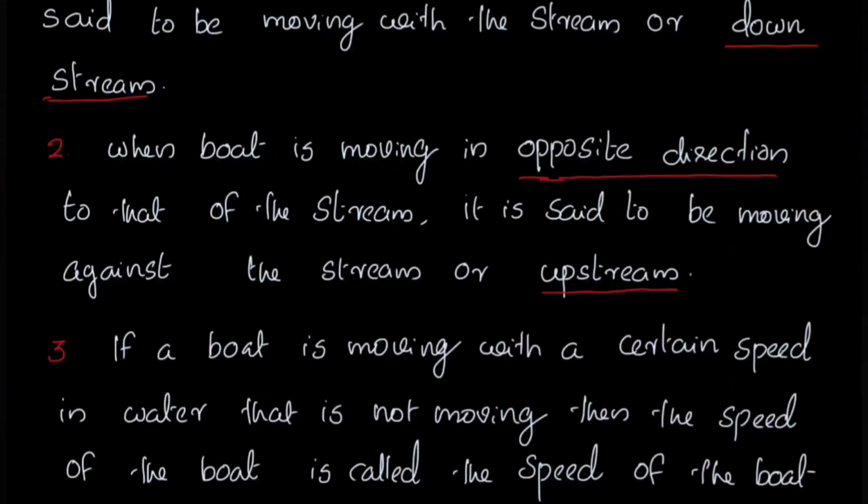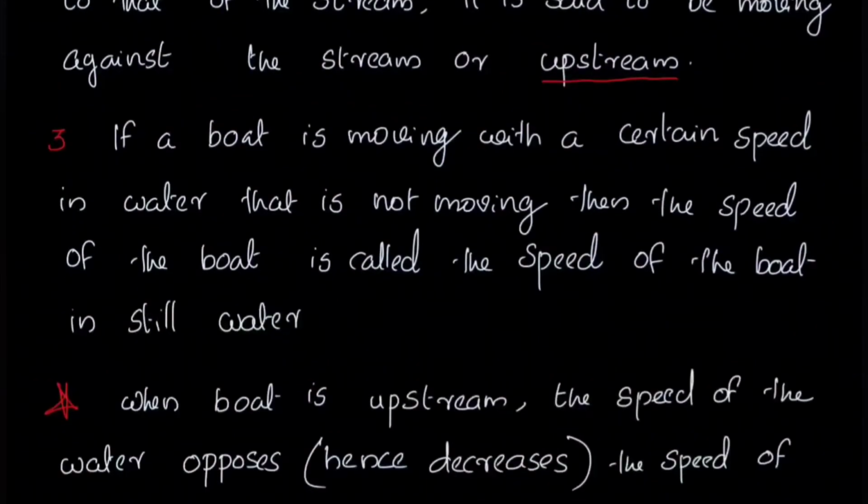If a boat is moving with a certain speed in water that is not moving, then the speed of the boat is called the speed of the boat in still water. What is its meaning?